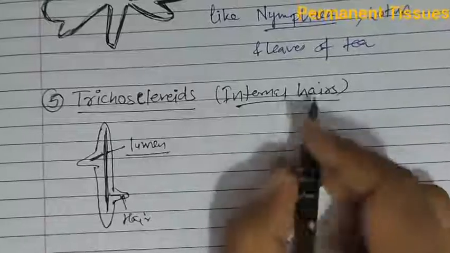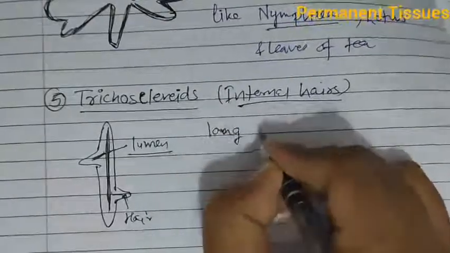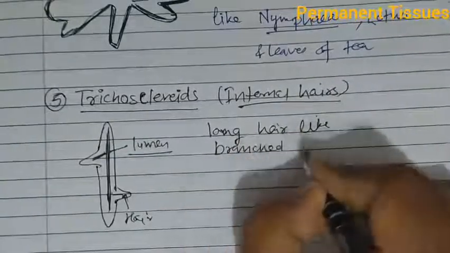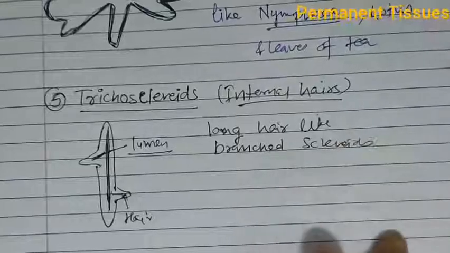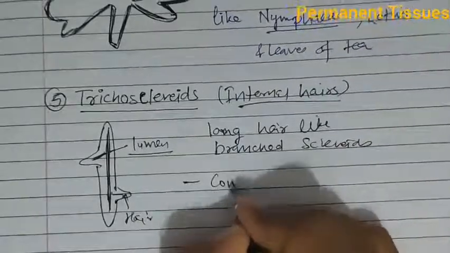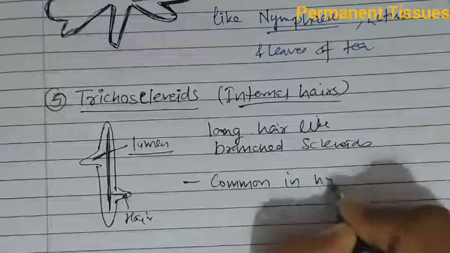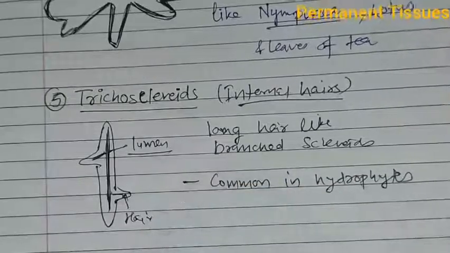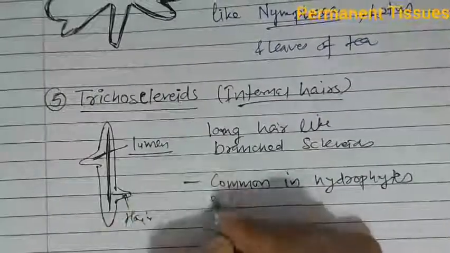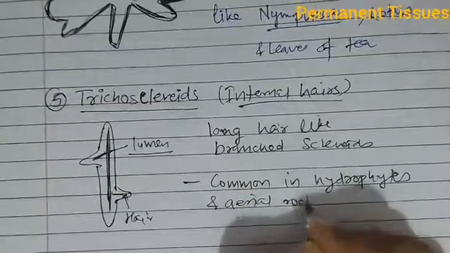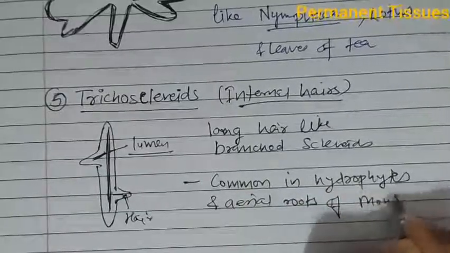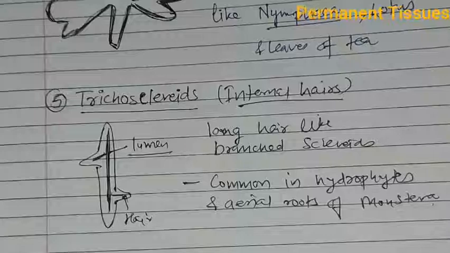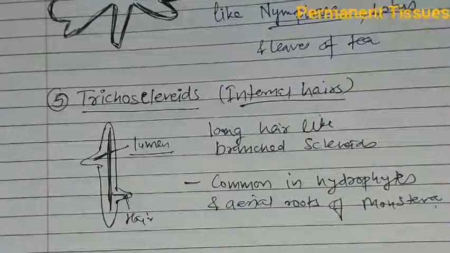They are long, hair-like, branched sclereids, common in hydrophytes and aerial roots of Monstera. That is the localization of trichosclereids, and these are all the types of sclereids.